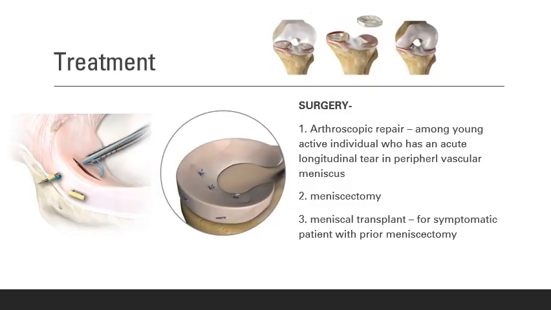Treatment for meniscal injury: arthroscopic repair among the young active individual who has an active longitudinal tear in peripheral vascular meniscus, and meniscectomy. Last is meniscal transplant for the symptomatic patient with prior meniscectomy.